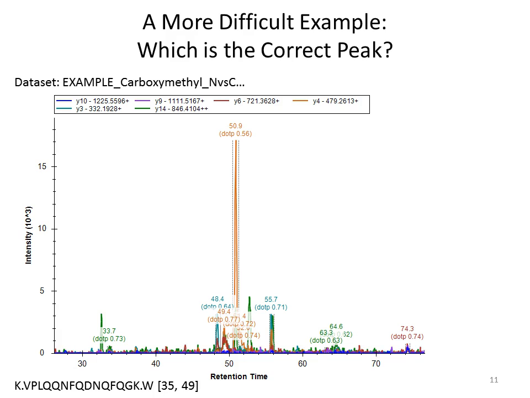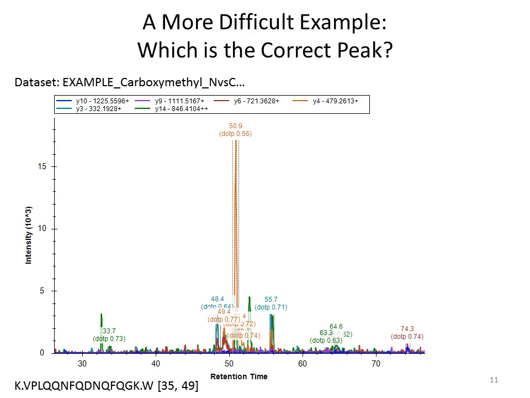So here's a more difficult example now. It's still in the same data set that you have, and I have the peptide down here, VPLQ, so you can Control F and find that. So if you zoom out, this is the chromatogram that you should see, and there are a bunch of options. They're all kind of jumbled up in here. So dot product of 0.71, 0.56.